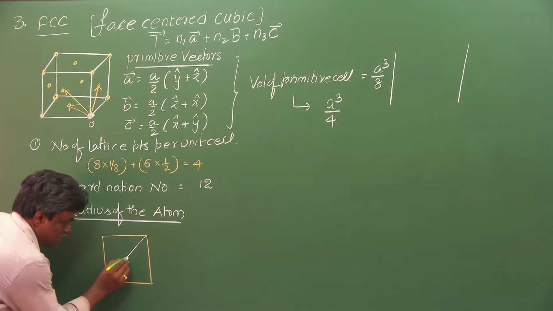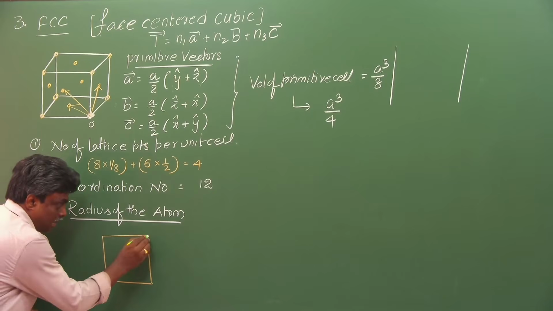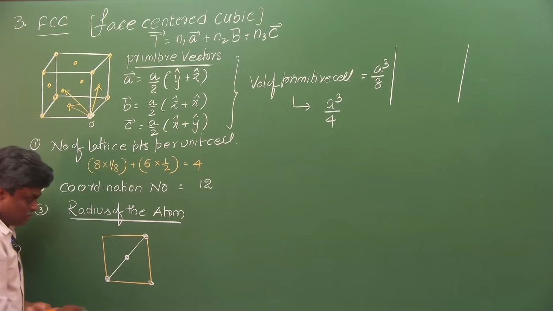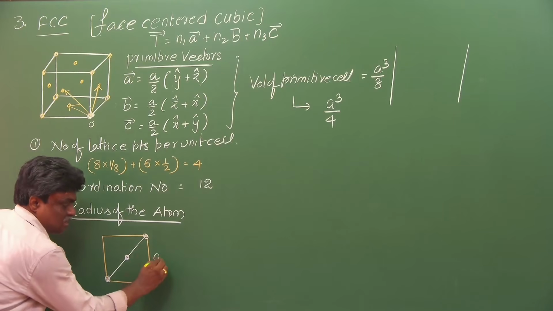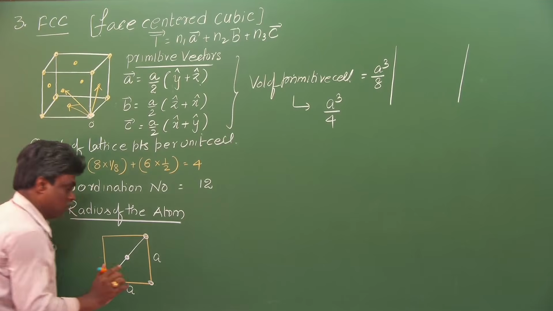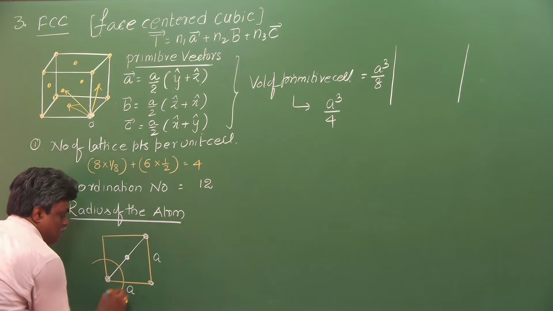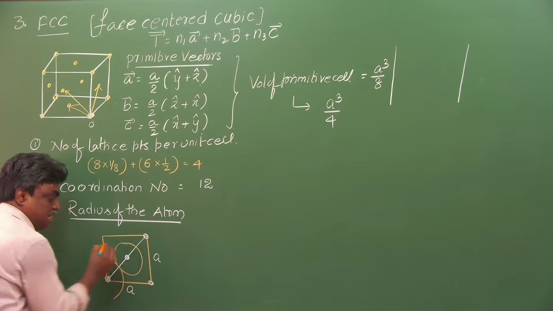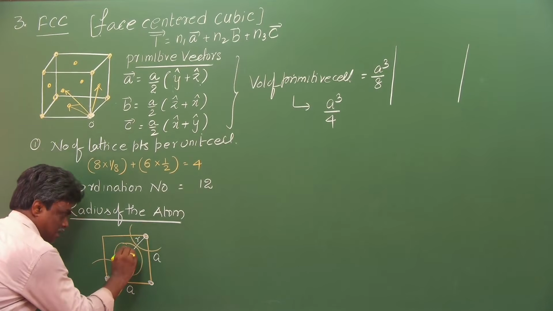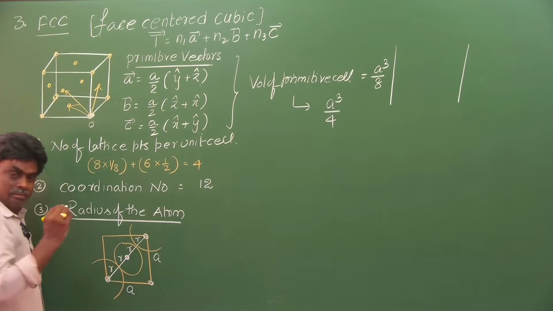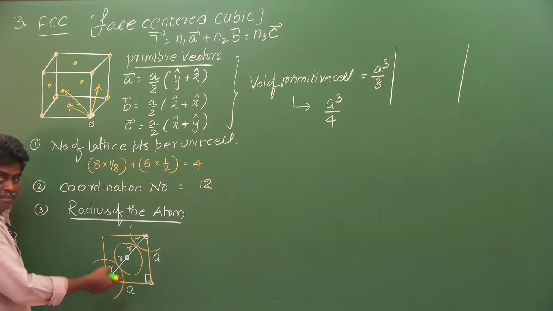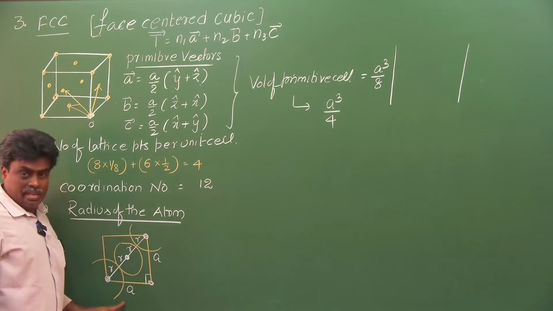At this face center we have one atom, and at the corner one atom, at this corner one atom, right? Here radius r, r, r, r. Now this is the right angle triangle. Again Pythagoras theorem. 4r whole square equal to a square plus a square.